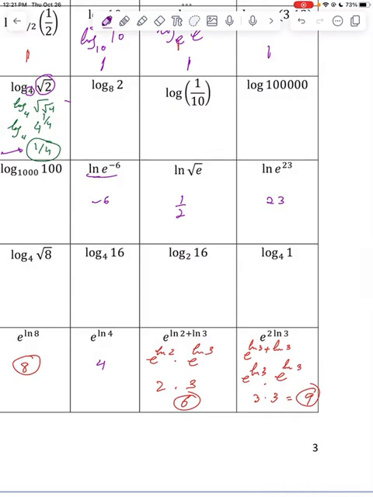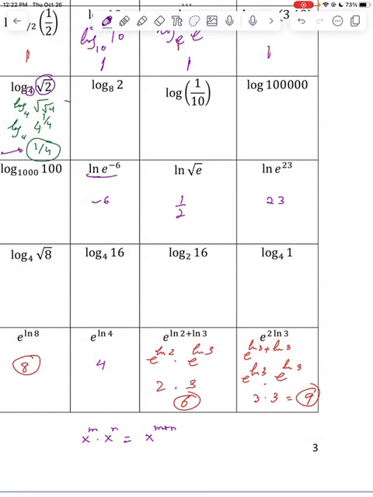Now the next two are slightly different. We need some properties of exponents. If you recall, if I have x raised to m times x raised to n, we can write it as x to the m plus n.